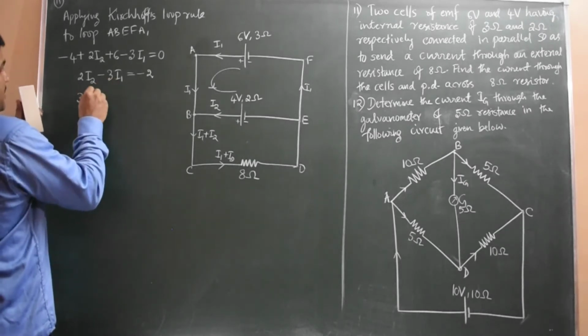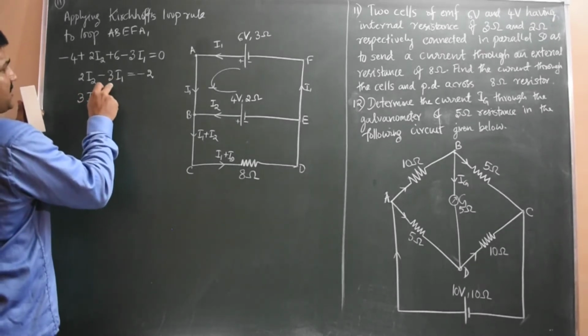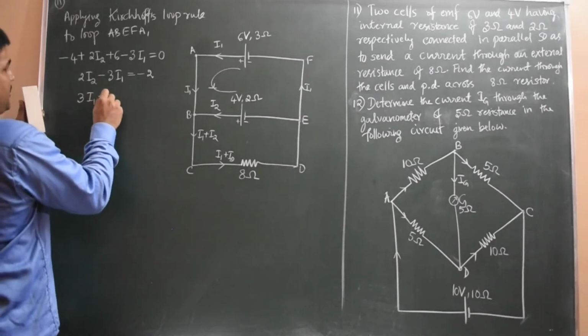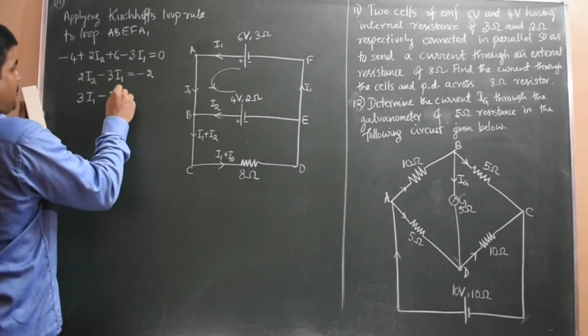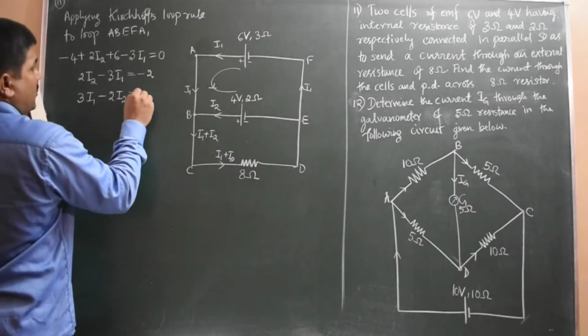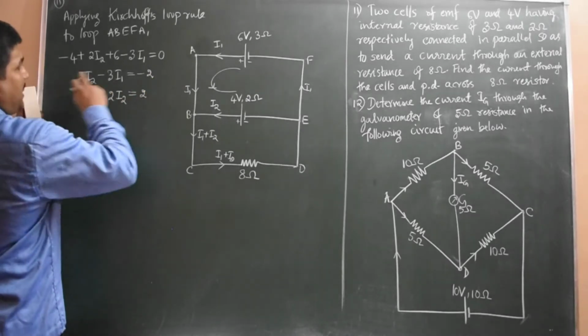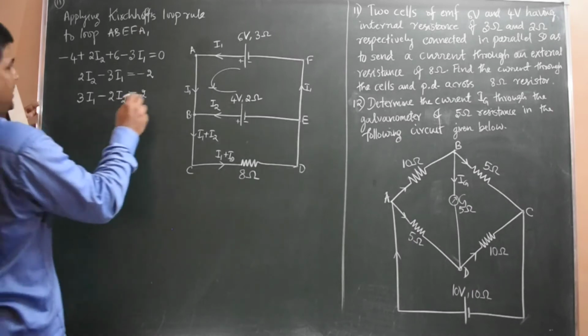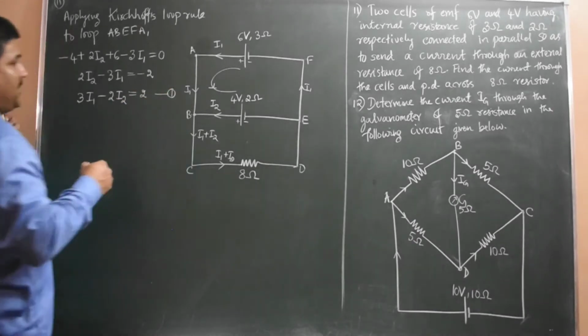So in that case it becomes 3I1 minus 2I2 equal to 2, multiplying minus 1 throughout the equation. So equation 1 we label.